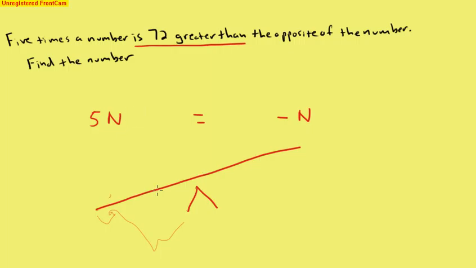I don't want it tipping this way; I want to make it equal. Right now this is heavier. If I subtract 72 from this side, they will be equal because it's 72 greater. The other possibility, which would work just as well, is that if this is 72 greater, then if I add 72 to the other side, they would be equal.